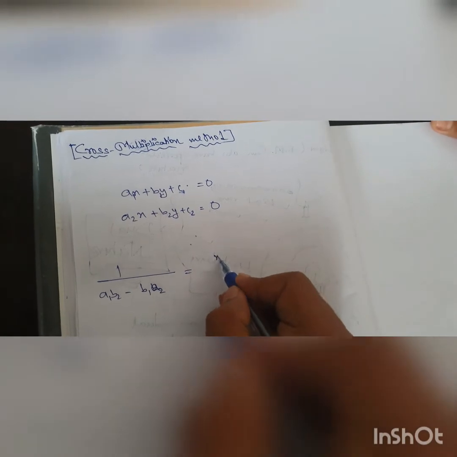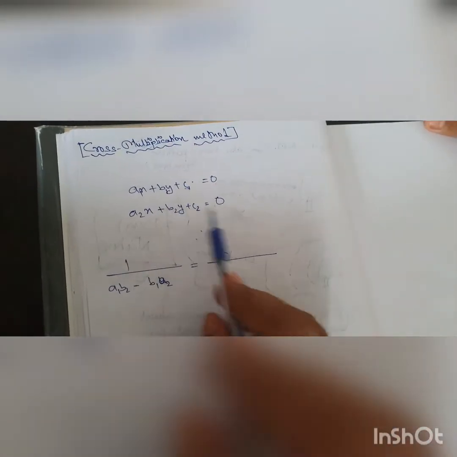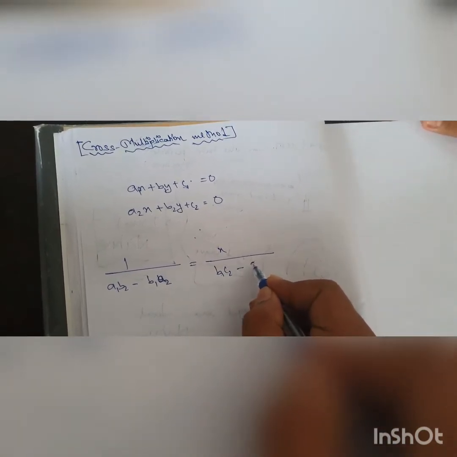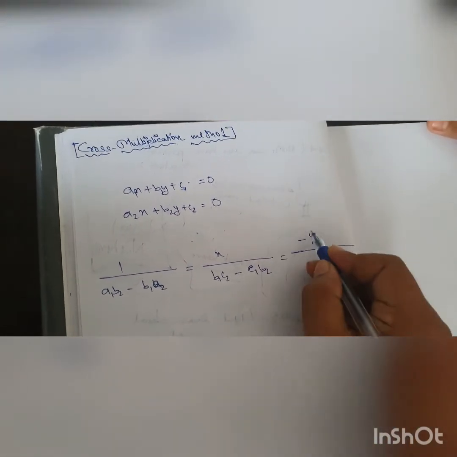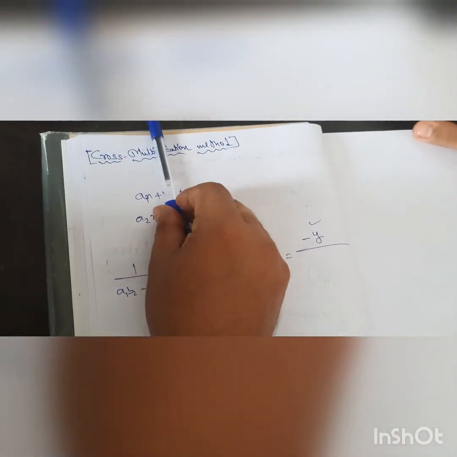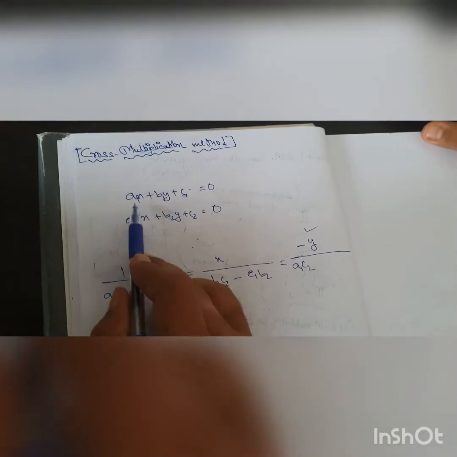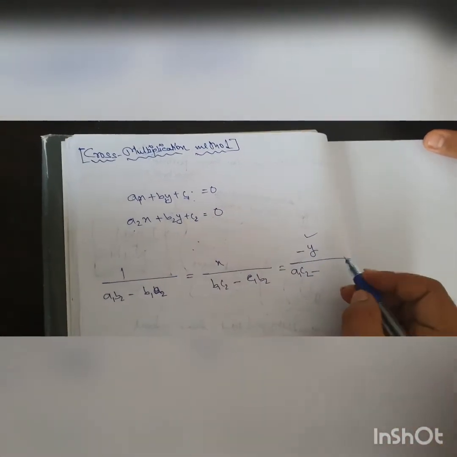Then it will be x by, if it is x by, cover x, so b1 c2 minus c1 b2. Good. And y always write with a minus, otherwise it will be garbage. So cover y, so it will be a1 c2, top to bottom, a1 c2 minus c1 a2.